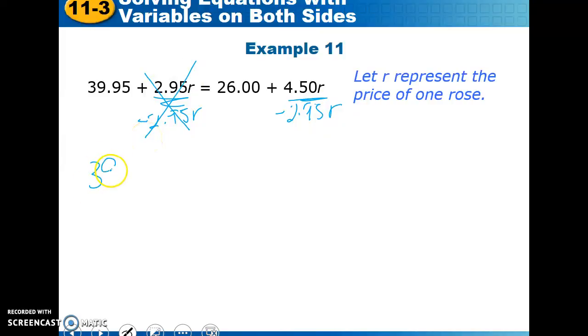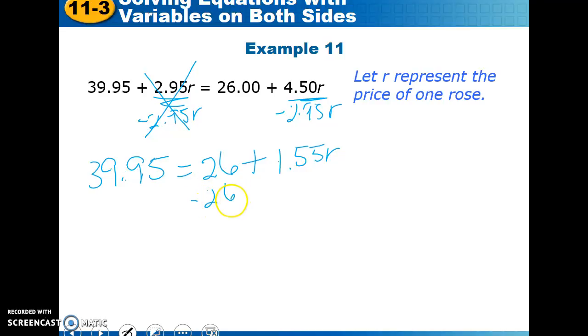I'm left with 39.95 equals 26 plus, subtracting there, 4.50 minus 2.95 leaves us with 1.55R.